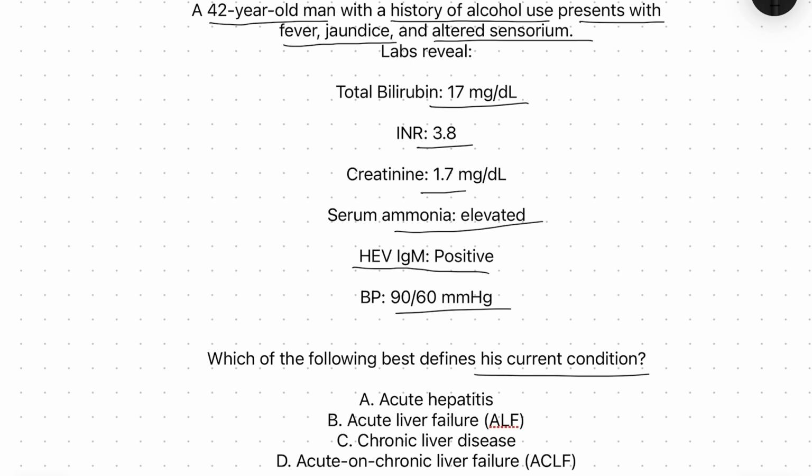So you should know the difference between acute liver failure and acute on chronic liver failure, ALF and ACLF. What are the criteria to define acute liver failure? First, there should be no prior liver disease.